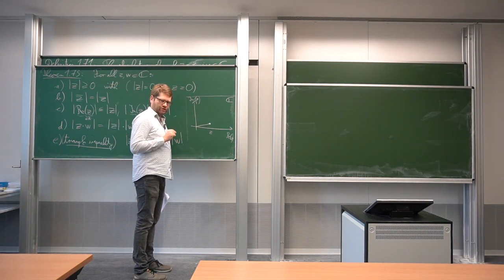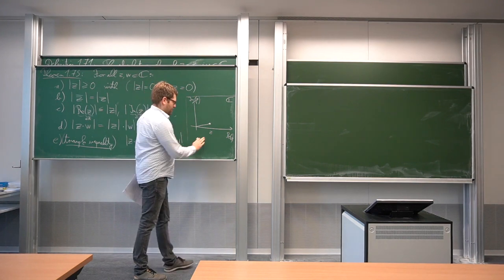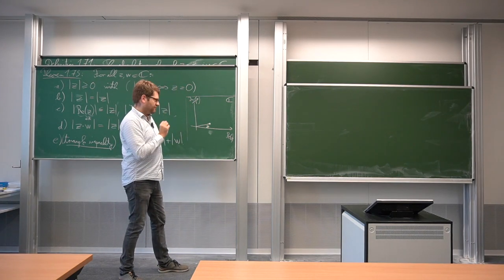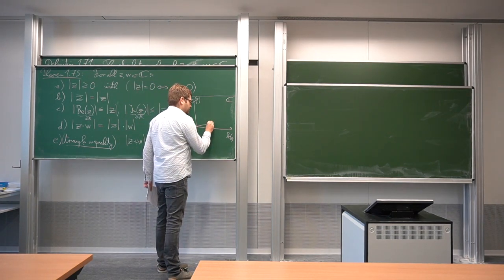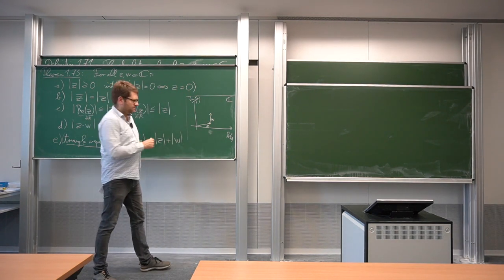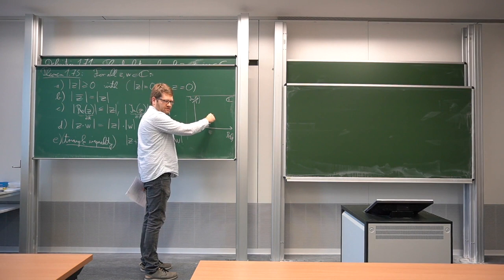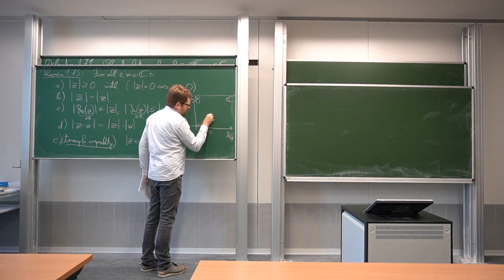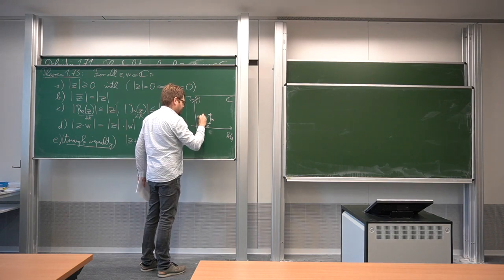So this is vector addition in R2. If we view this as the vector z and add the vector w, this would be maybe something like this. Let's say this is w, and we add this vector. This means just putting these arrows behind each other. So the point z plus w would be this one, corresponding to this vector here.